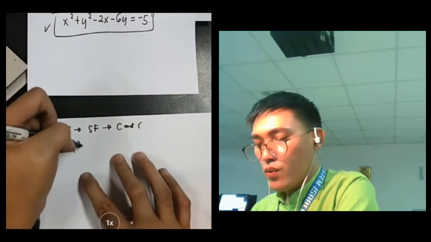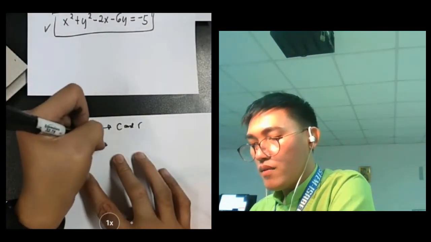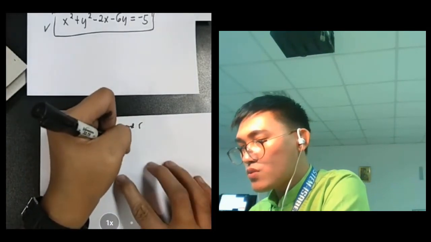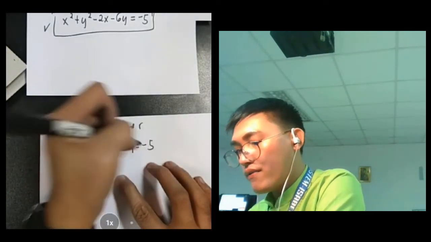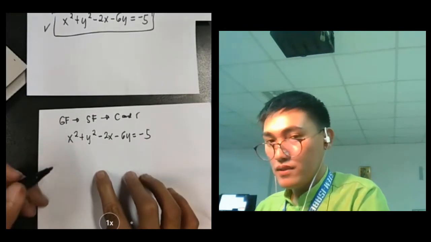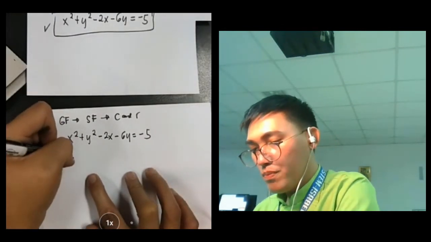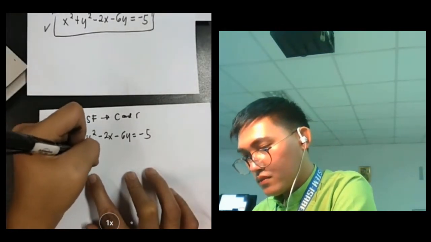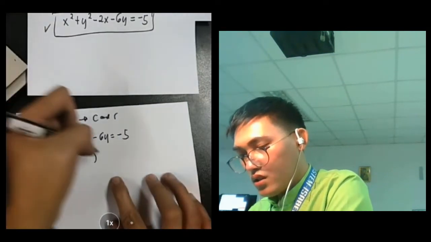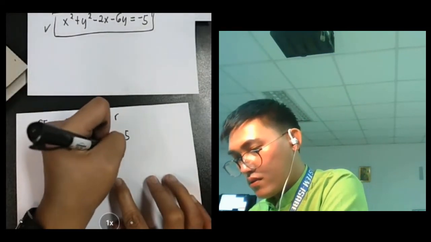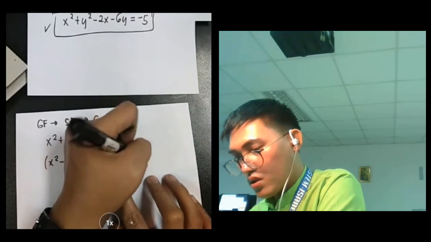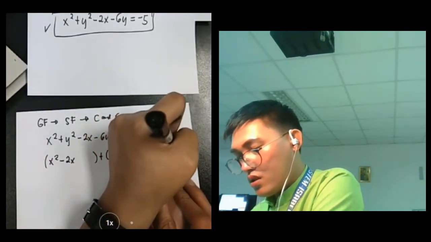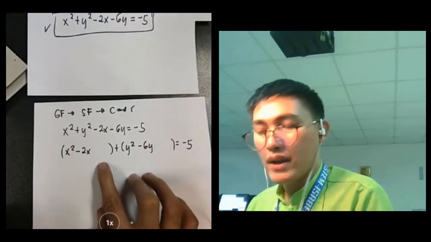Step number 1, groupings. Next, step number 2, by completing the square, this will be +1 and this would be +9, and you have to add here +1 and +9.